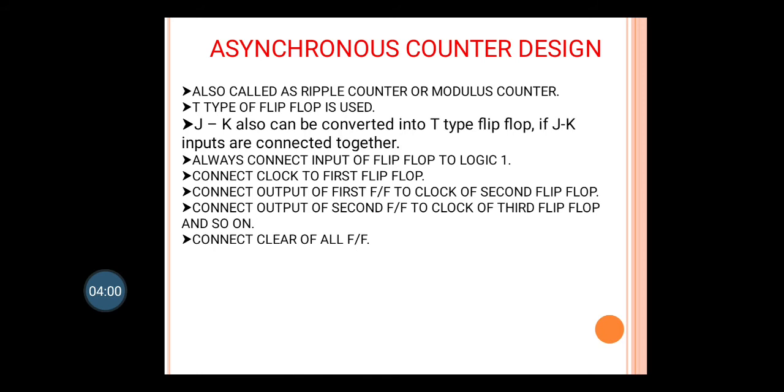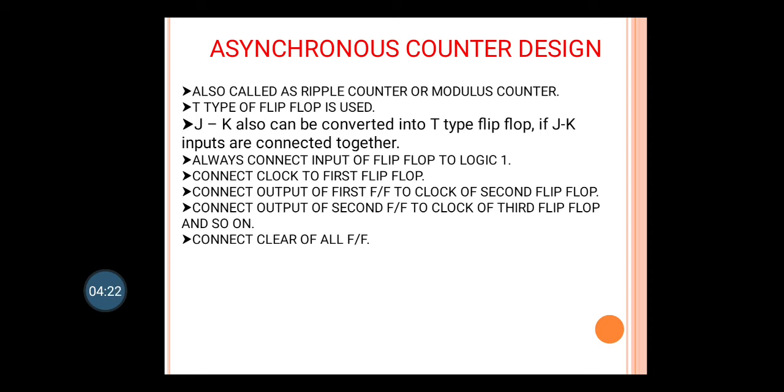So the designing steps. First, asynchronous counters are called ripple counters or modulus counters. T type flip-flops are used. JK can also be converted into T flip-flop if JK inputs are connected together. Always connect the input of the flip-flop to logic 1.